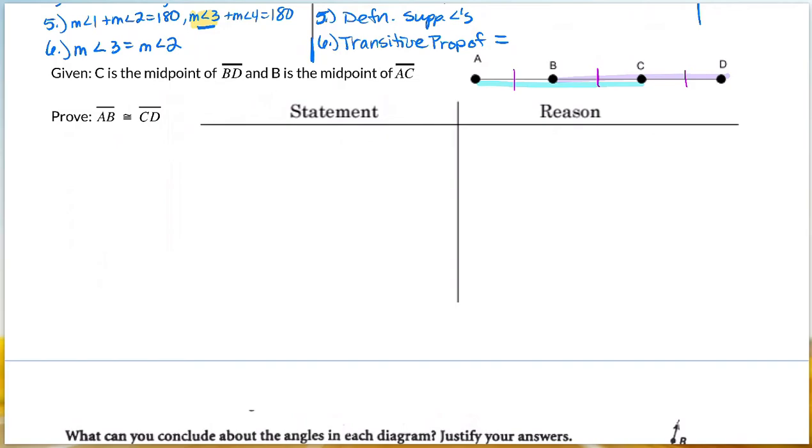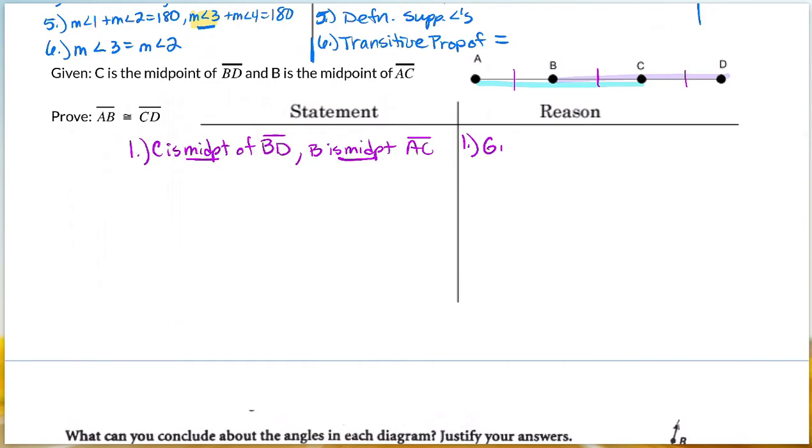So I'm going to go ahead and start by listing my given. C is midpoint of BD, and B is midpoint of AC. When you have vocabulary words in your given, do plan to use the definition of those.